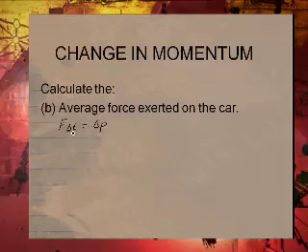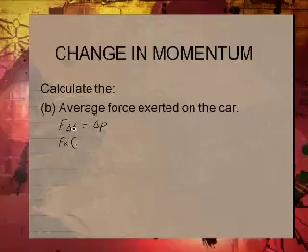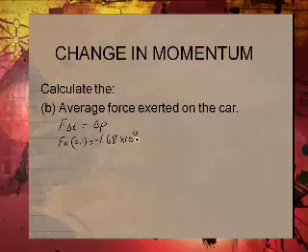So the force times the time of contact between the car and the wall, which was 0.1 seconds, given to us, so delta t is 0.1, should be equal to the change in momentum that we calculated, which we found to be minus 1.68 times 10 to the power 4 Newton seconds.